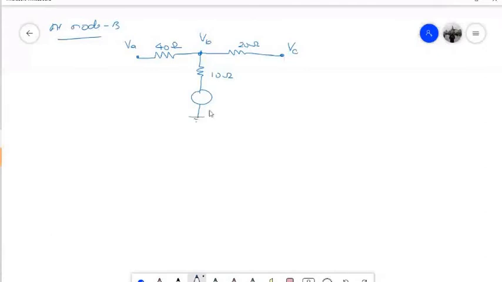So this will be 6 volt, and now let me assume the currents that are flowing.